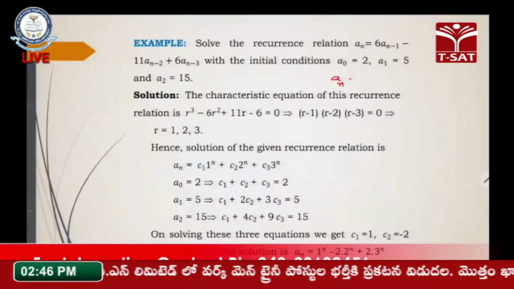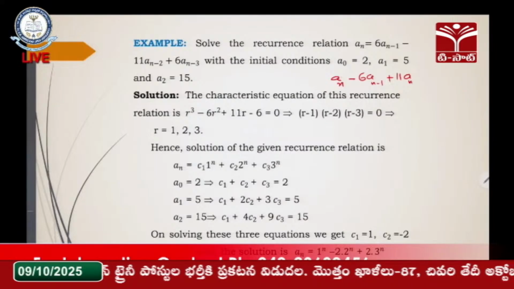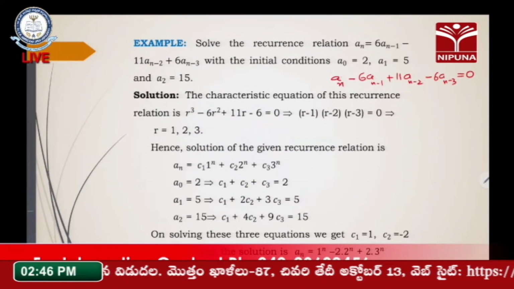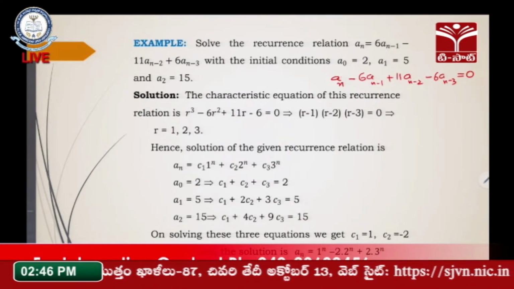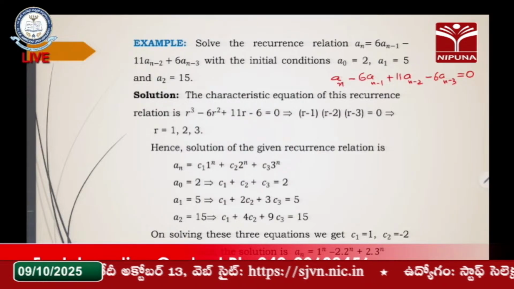This is a simple method, the easiest method to solve a homogeneous linear recurrence relation. Another one: see, here the equation is a n minus 6 a n minus 1 plus 11 a n minus 2 minus 6 a n minus 3 equal to 0, isn't it? Now, how many terms are there? The characteristic equation has more than 2 roots; that means we will get a cubic characteristic equation.